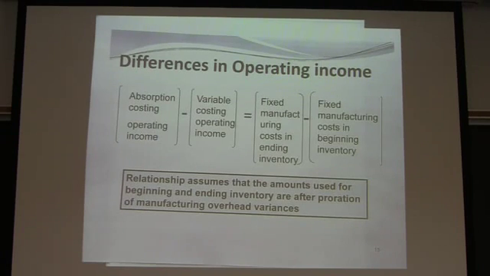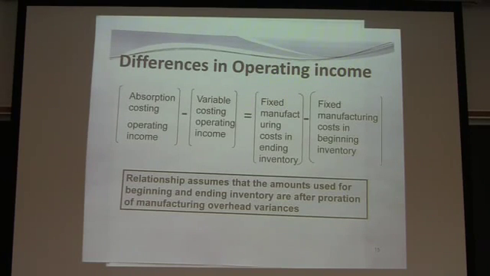And that difference should be equal to the fixed manufacturing overhead that was capitalized to ending inventory. The difference is how much fixed overhead we've capitalized in ending inventory minus the beginning inventory.